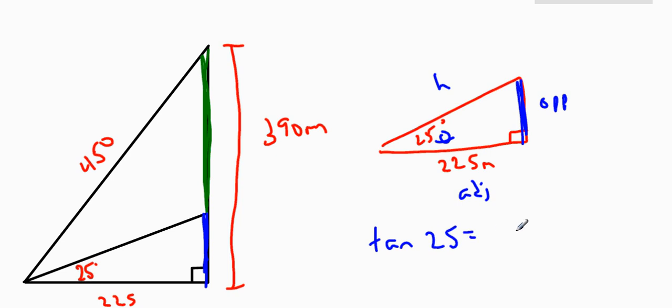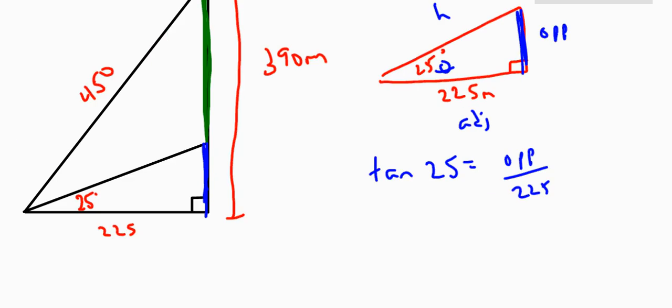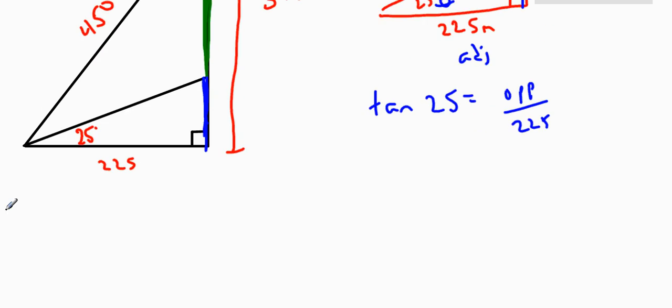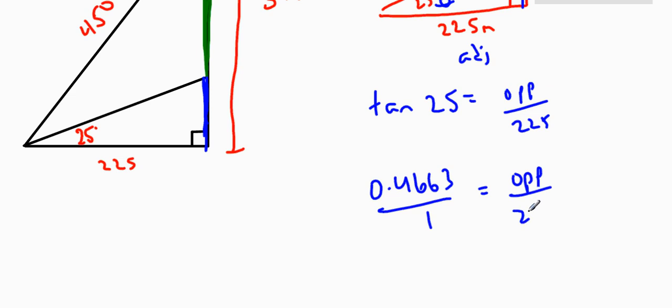Tan 25 is opposite over adjacent. So I'll ask my calculator for the value of tan 25, 0.4663 over 1, and then I can cross multiply and discover that the opposite side is 105 meters.